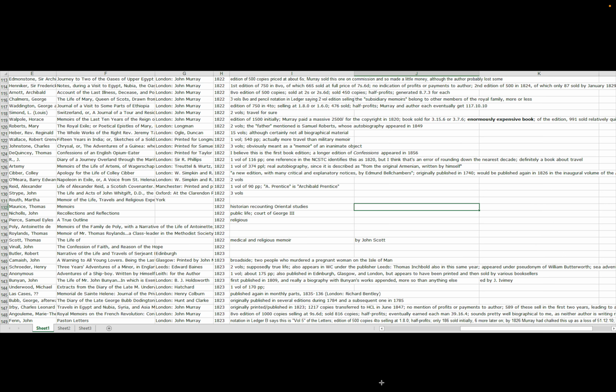So what you're looking at is a fragment of a spreadsheet of about 2,520 rows of entries about autobiographies written during the Victorian era.